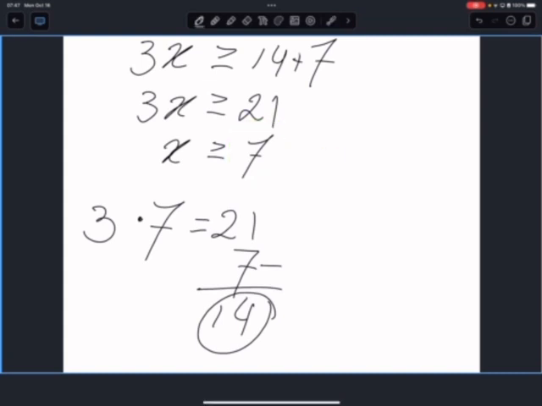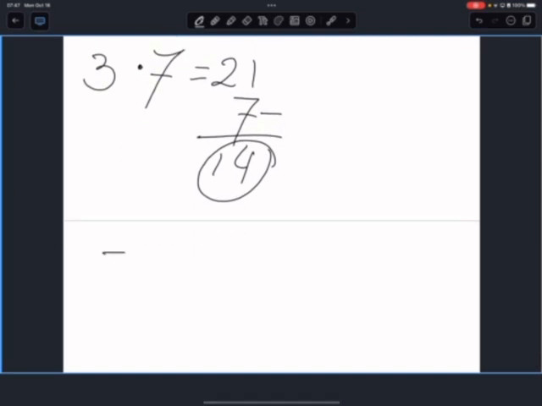Now, if I were to draw a number line, seven, how would my answer be if I were to symbolize it in this specific scenario?